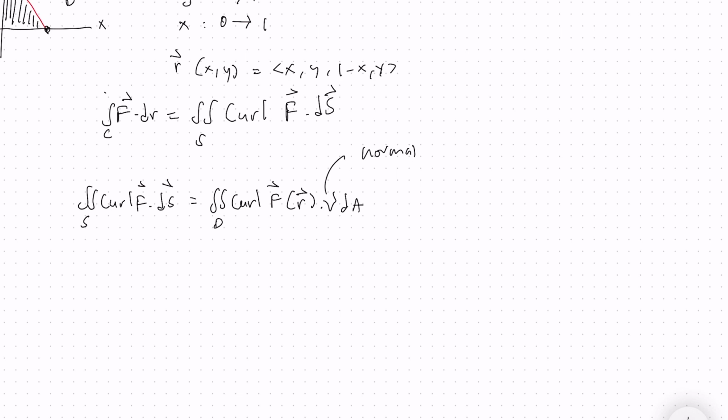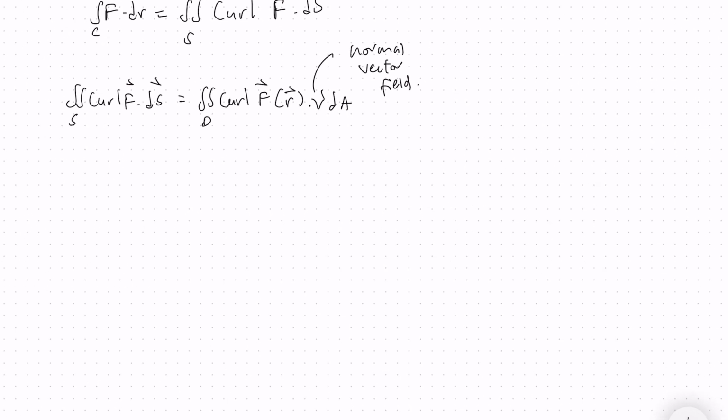So we need to compute the normal vector field. Let's compute that: nu is equal to the cross product of the partial derivatives of our parameterization. r sub x is the vector 1, 0, minus 1, and r sub y is the vector 0, 1, negative 1.